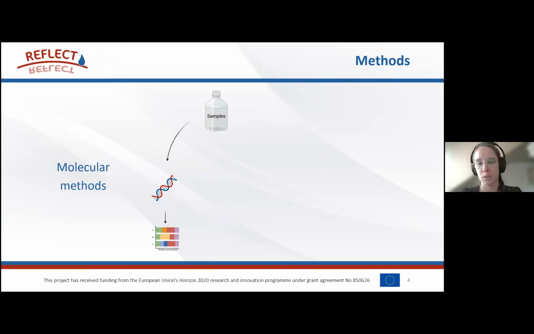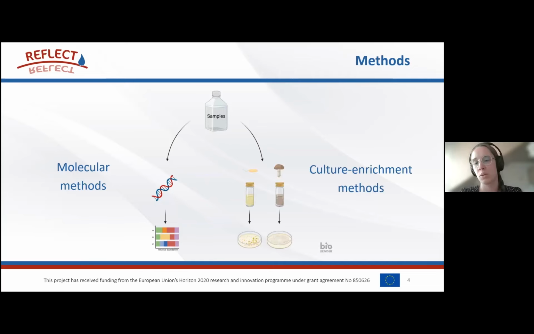This is what we do in part of the project. We use all these molecular methods to look at which microorganisms are present. On the other hand, we also want to use culture enrichment methods. We will do liquid and solid cultures to try to isolate these microorganisms and to cultivate them in the labs. That will allow us to characterize them further.